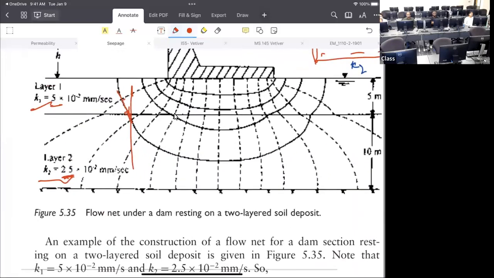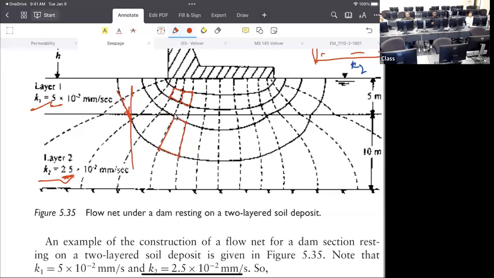So right here, what happens? Look at this. You have a square, right? Here, a rectangle. So how do we do it?